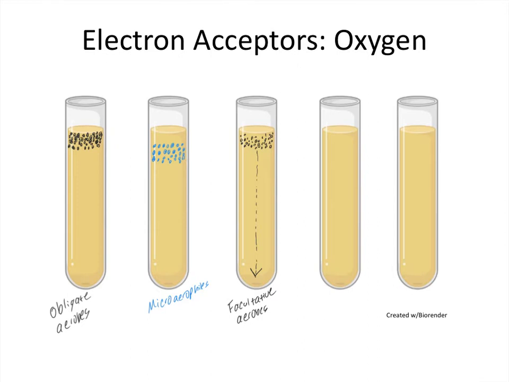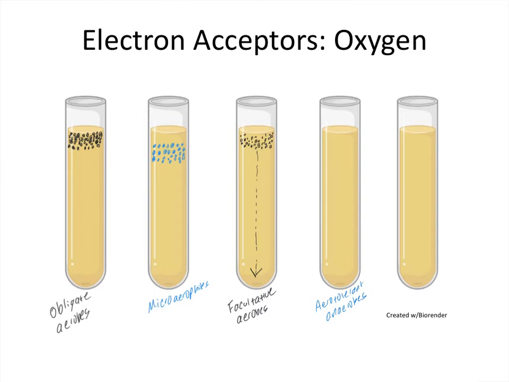Our fourth category of microbes are the aerotolerant anaerobes. These are organisms that never use oxygen to make ATP. They may use oxygen for something else, like to make their macromolecules, but they do not use oxygen as a final electron acceptor for ATP production.